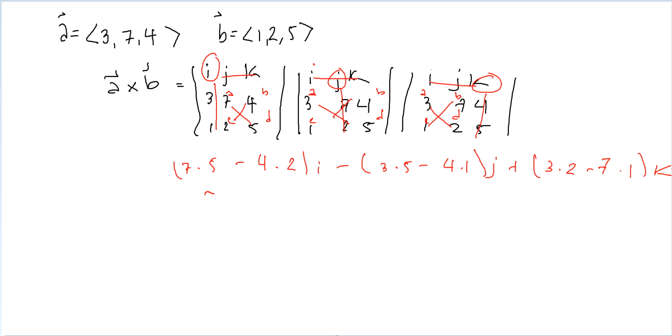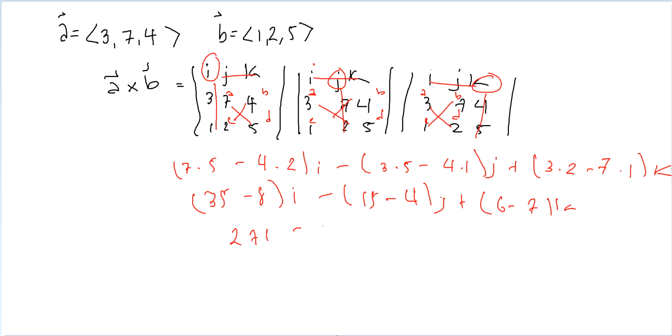Okay, so now we have 35 minus 8 times I, minus 15 minus 4 times j, plus 6 minus 7 times k. So we get 27i minus 11j minus 1k.